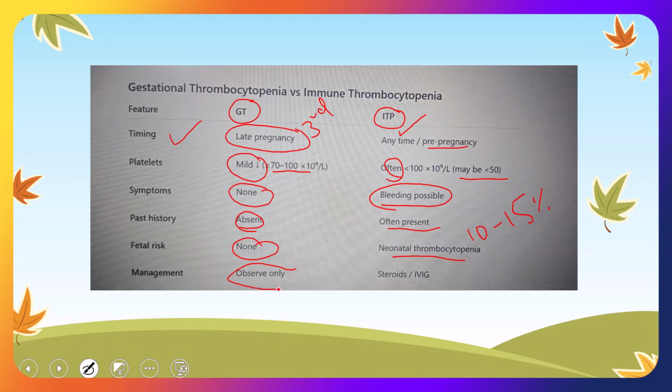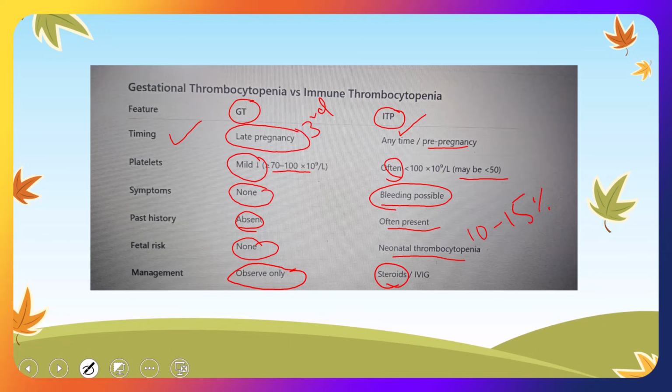It is observation only. We are going to treat this patient as a normal patient until the platelet count falls below 50. And in case of ITP, we initially give the first line drug in the form of steroid.